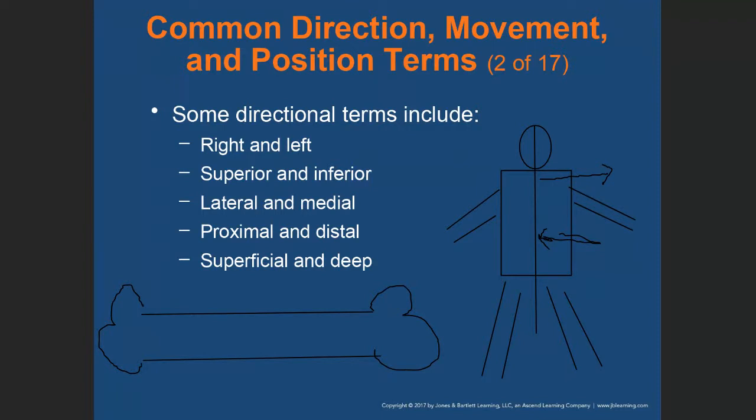The distal end will be further away from the trunk. So don't complicate things yet. We need to start creeping first, then walking, then running. We're going to do it in stages. So get the fundamental concepts first.